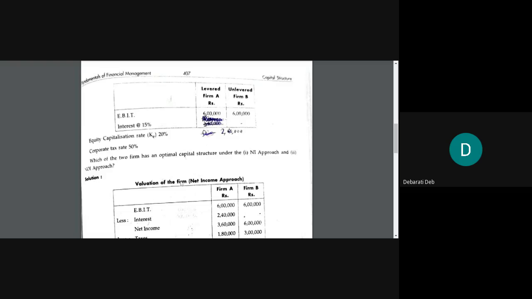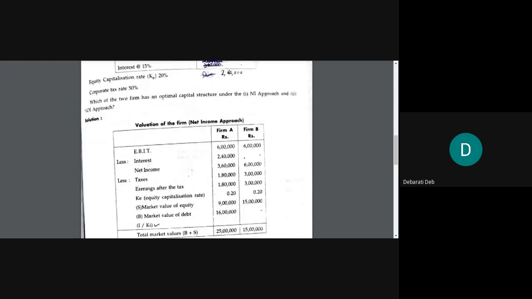If it is so, then only we can say that the firm has an optimal capital structure. So we will do this in the second step.